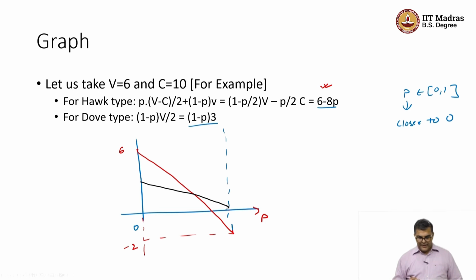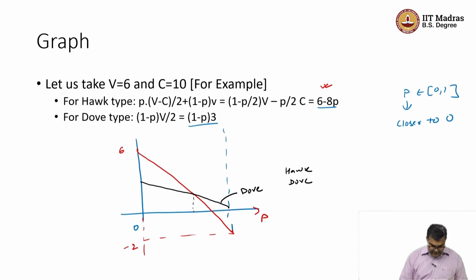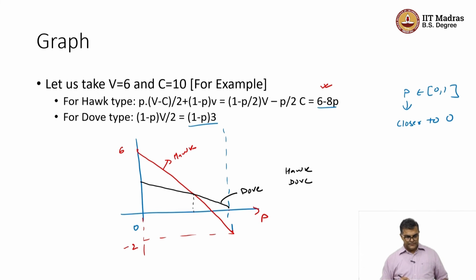So, what will happen here? Let us say we begin, this is the hawk and dove population. This is for dove and the red one is for hawk. So, if at very low level of p some hawks are introduced in a dove's population, let us say here, what is the case at low level of p?